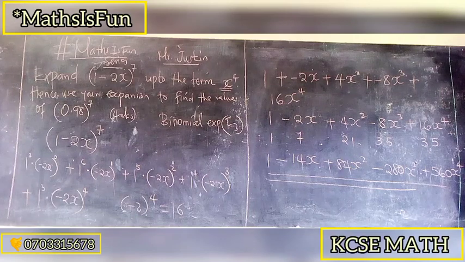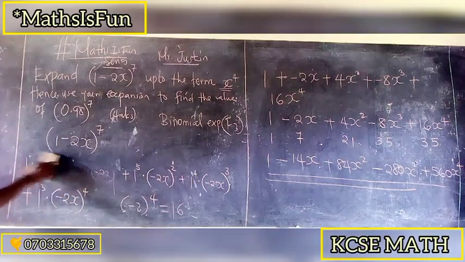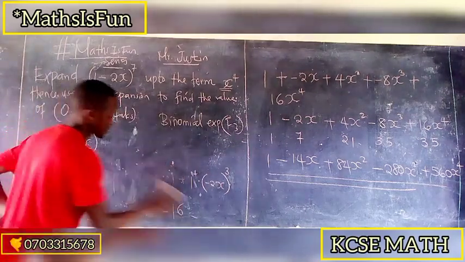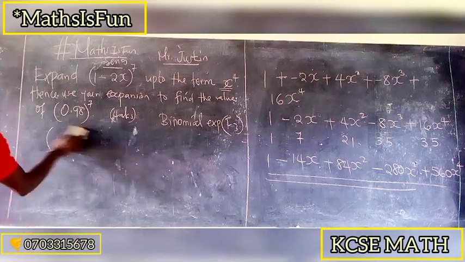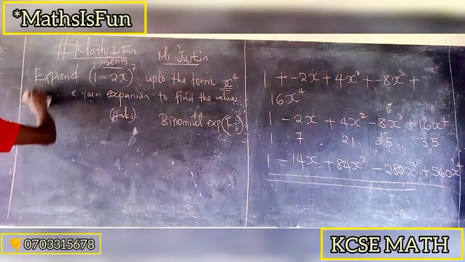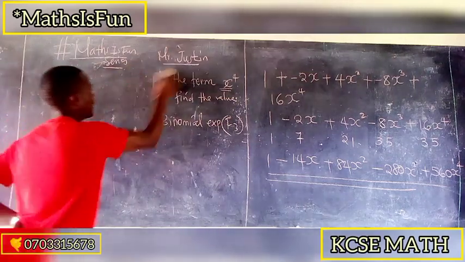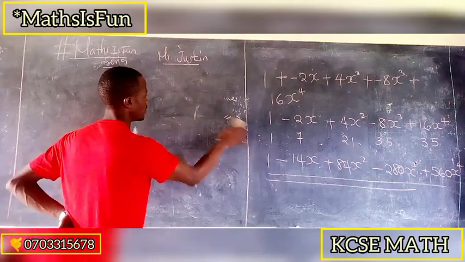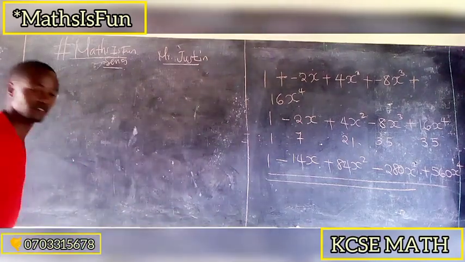Now we are using this expansion to solve the given task: 0.98 raised to power 7. Remember from the question, you expand, hence use the expansion to solve. If you use any other means to solve, it means that you've gotten it wrong.